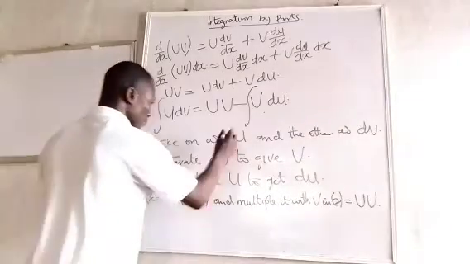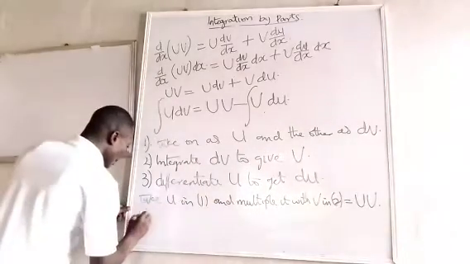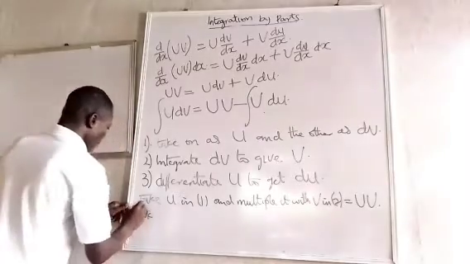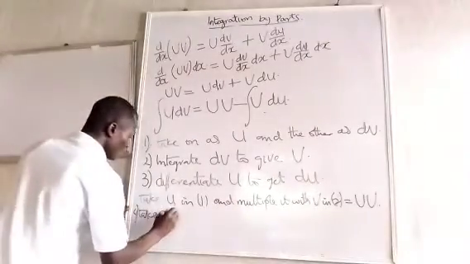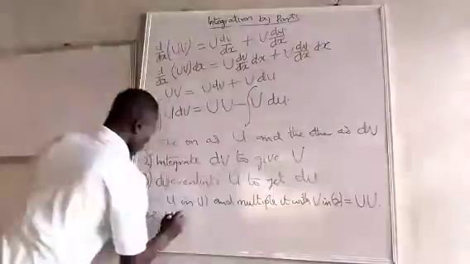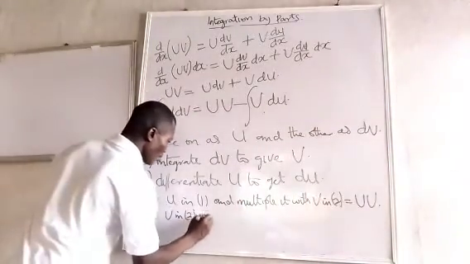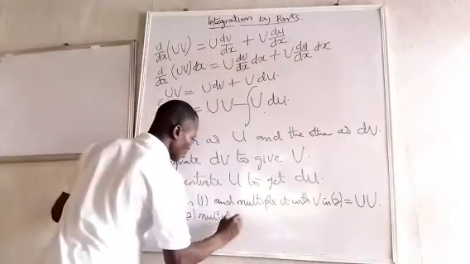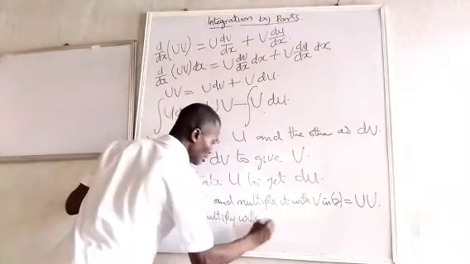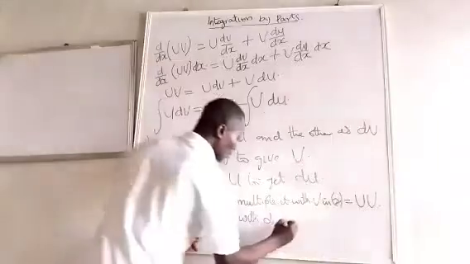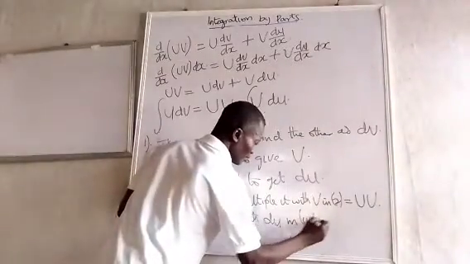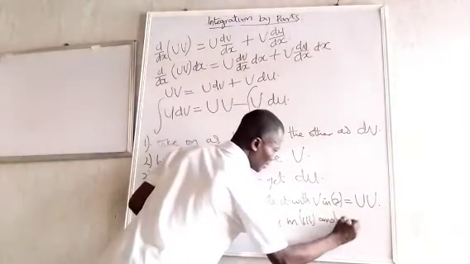Now multiply v with du in three and integrate.